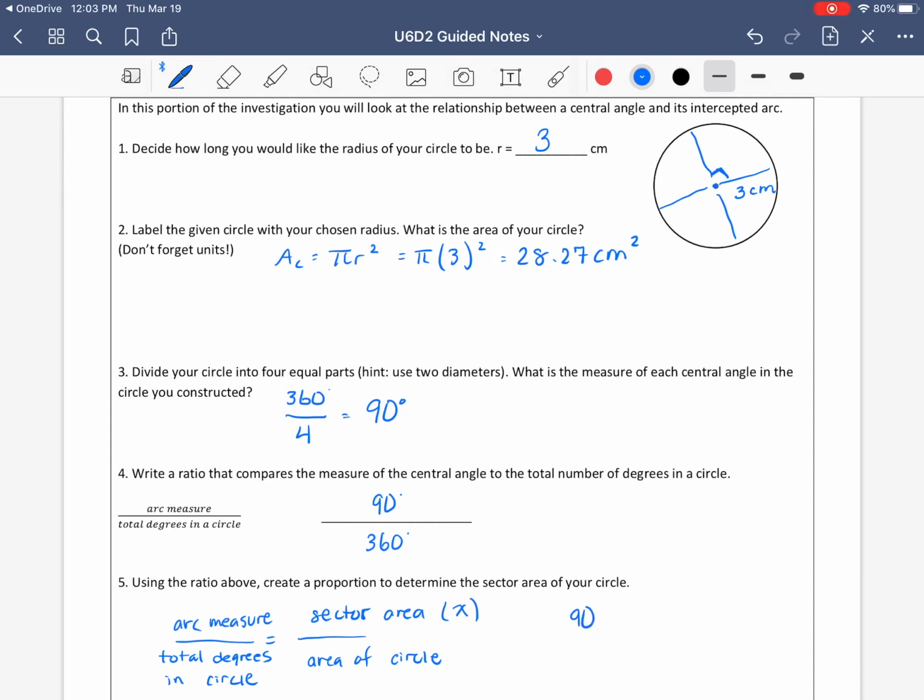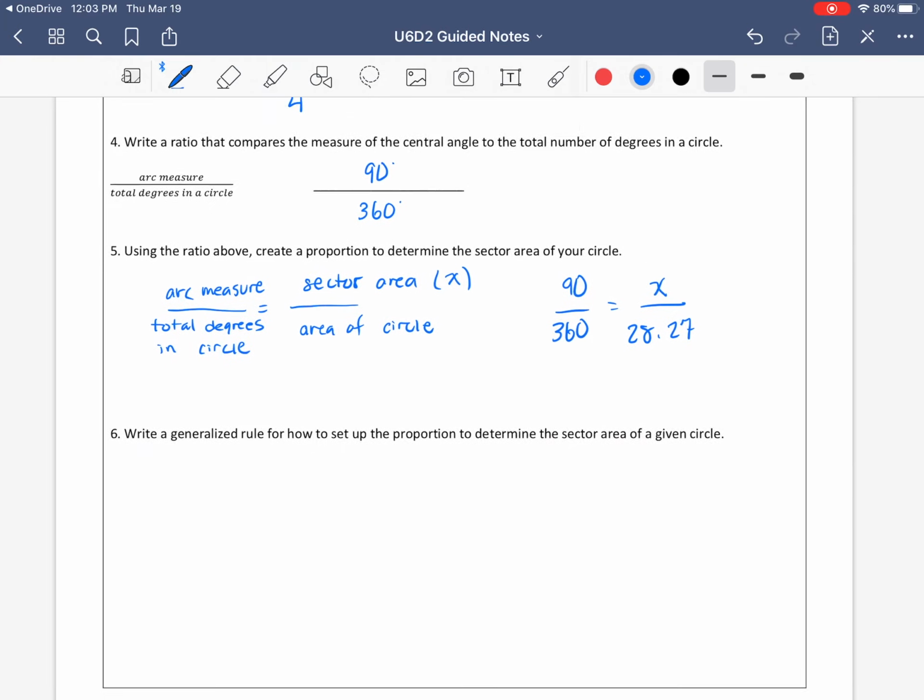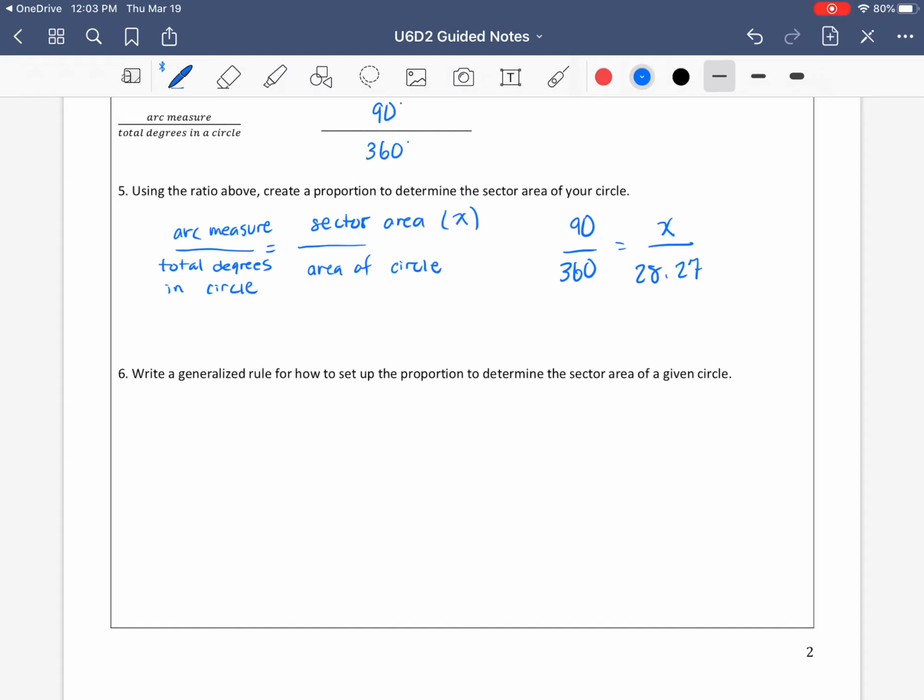So if we're plugging in all of those values, we have 90 divided by 360 equals x over 28.27. Now with that proportion, we can cross multiply. We end up with 360x equals 90 times 28.27, which is 2,544.3.